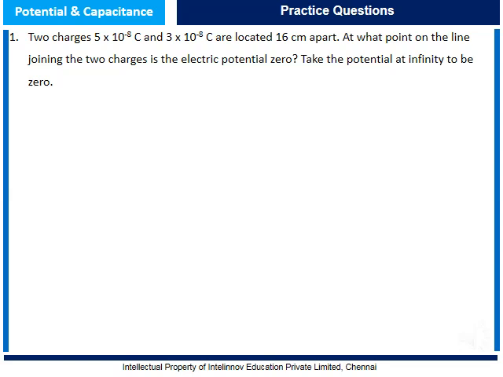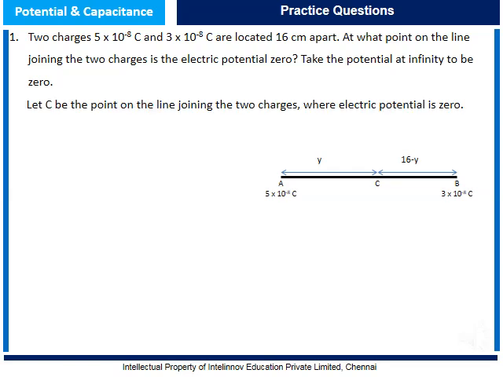The answer is, let C be the point on the line joining the two charges where electric potential is 0. You can refer to the diagram that is given here. Now VCA plus VCB, that is the potential due to charge A and potential due to charge B, when added up, will be 0 at some point between A and B, and let us designate this point as C. Thus VCA is equal to minus VCB.